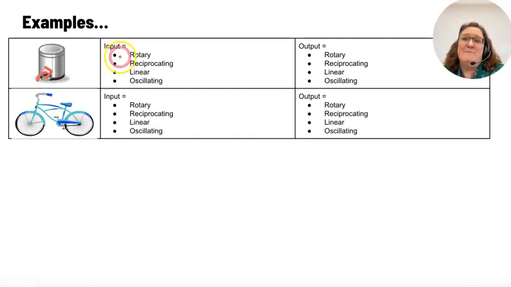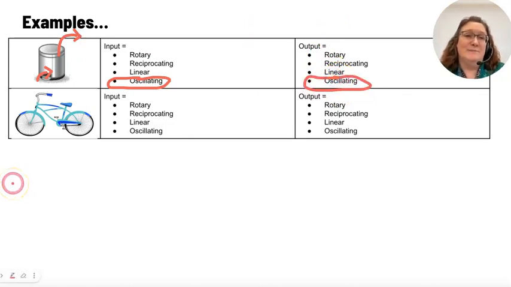That would make the input oscillating. Now for the output, this can lid does not go straight up. That would be linear. It doesn't spin around. It goes halfway, in an arc like that, making the output also oscillating.